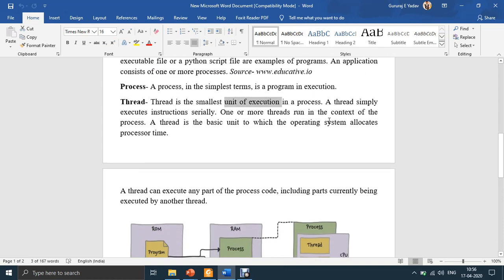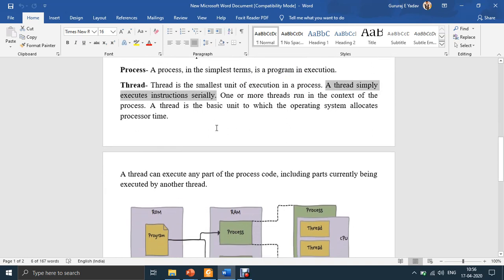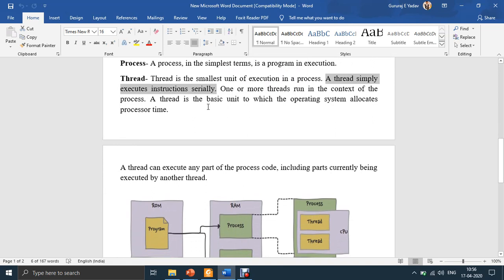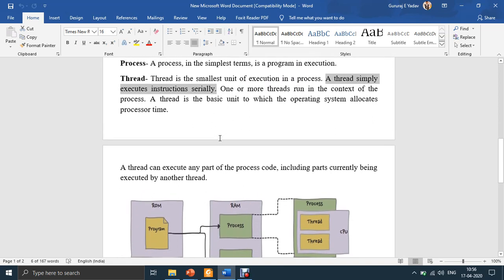A thread simply executes instructions serially. Whatever instructions are there in the program, it will execute them serially. There can be hundreds of instructions, and out of those it can execute any few of them, and that too serially. One or more threads run in the context of a process, so a process can have multiple threads.